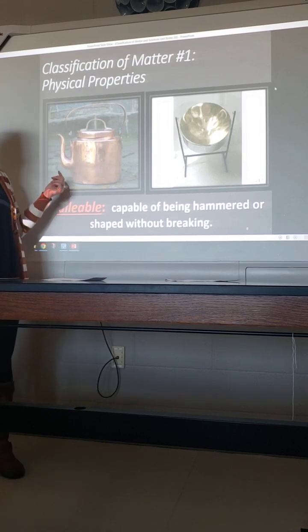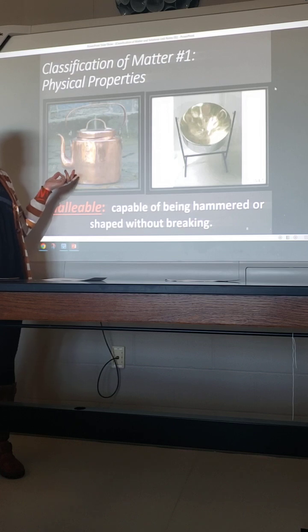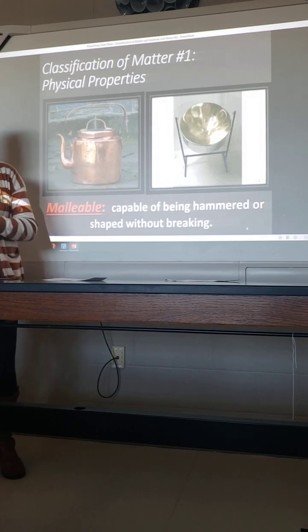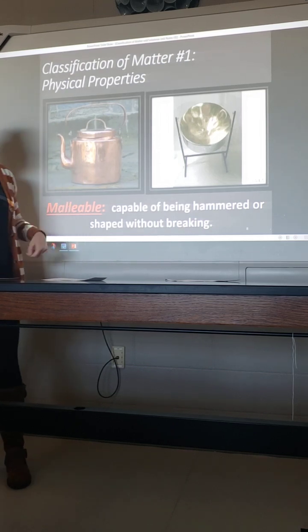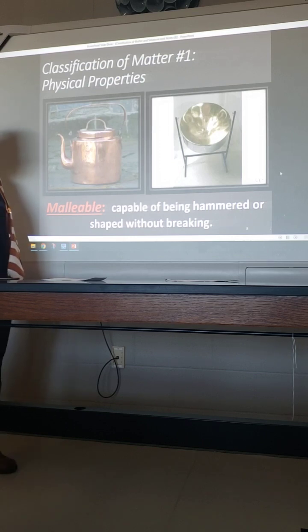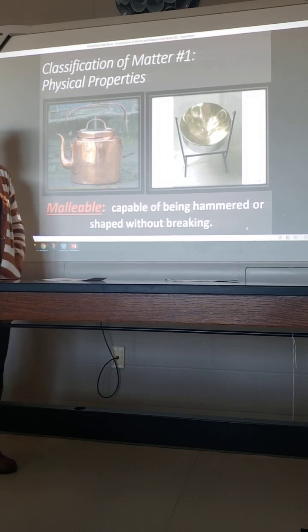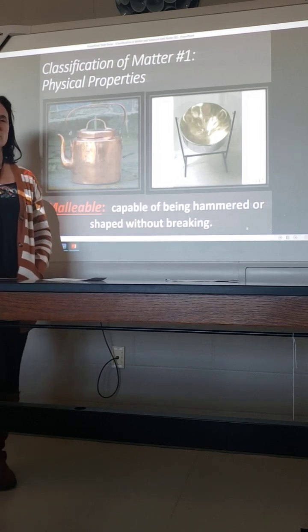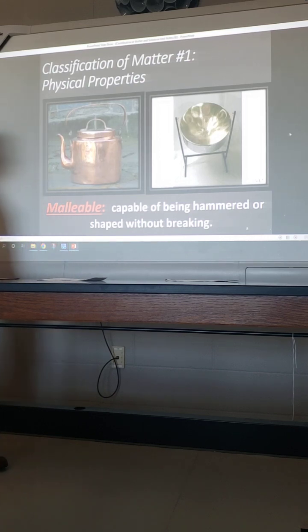Typically, aluminum can be this way sometimes, copper most definitely. Depending on what you're needing, that can be really important. Now, would it be good to use that material for real strong support, like in beams? Probably not. But there are reasons why we want to be able to shape our metal.